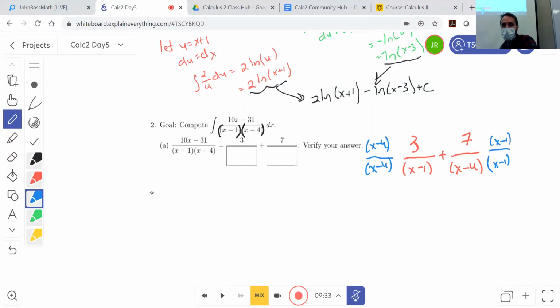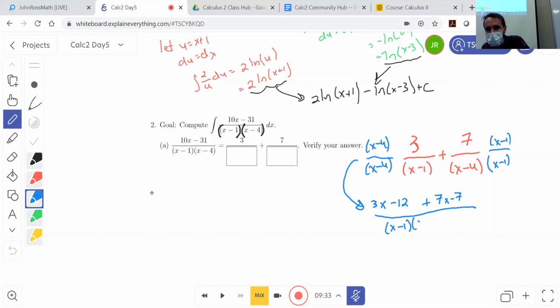This first piece becomes 3x minus 12, that's the 3 distributing across the x minus 4. Plus, here we get 7x minus 7, that's the 7 distributing across the x minus 1. So we'd end up with all of that over x minus 4 times x minus 1, the common denominator we were talking about.